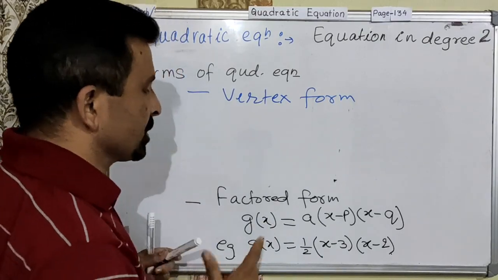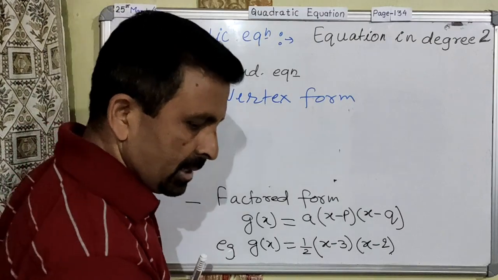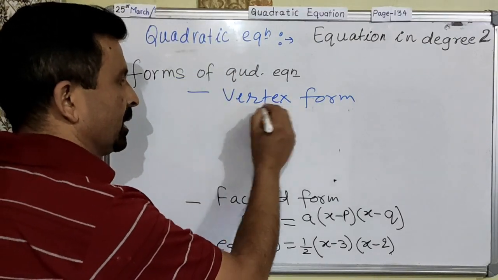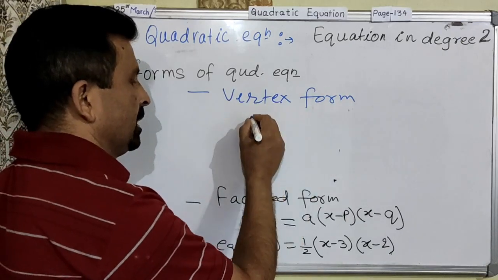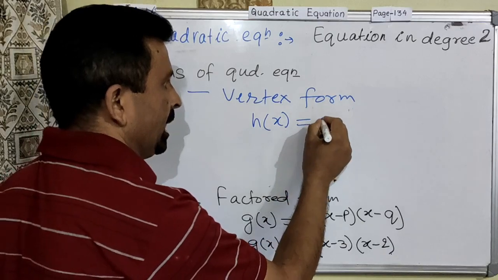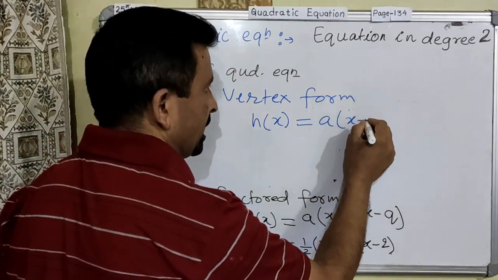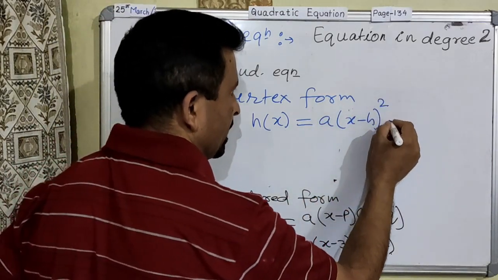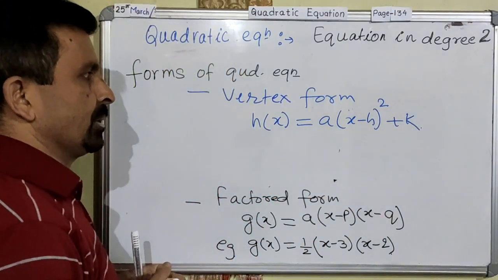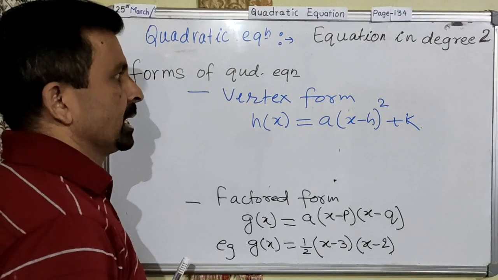So today is just an introduction, and the third type, the vertex form, we can write as h(x) is equal to a into (x minus h) whole square plus k. This is the third form of quadratic equation, which we call vertex form.